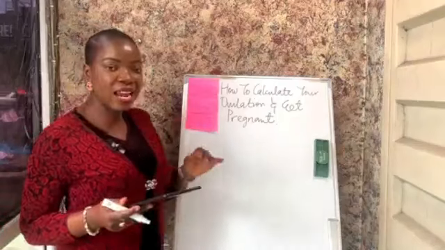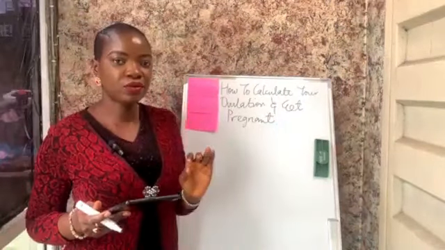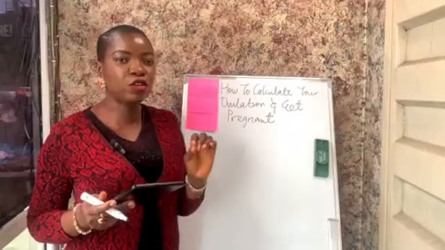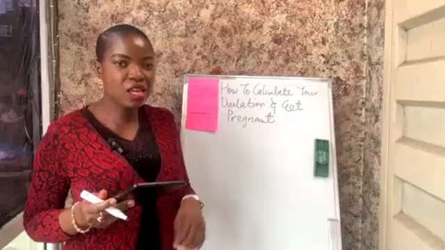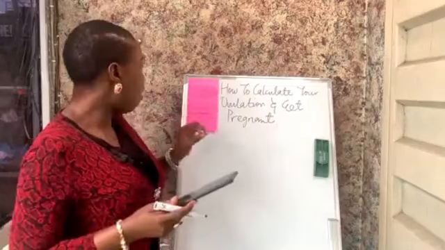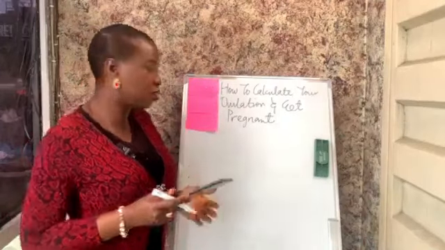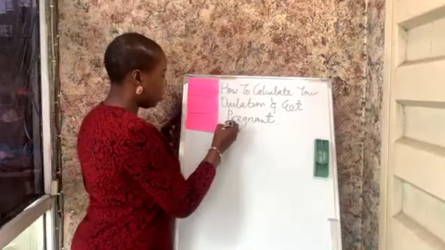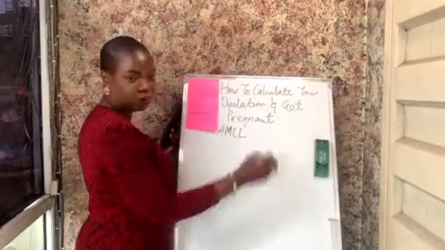In our last series, we said the best approach to calculate your ovulation day is to use your average menstrual cycle length, which I termed AMCL.